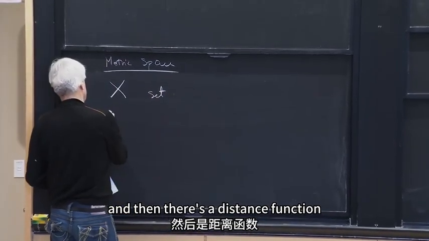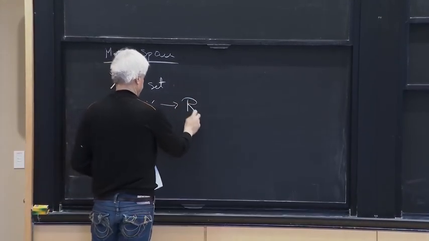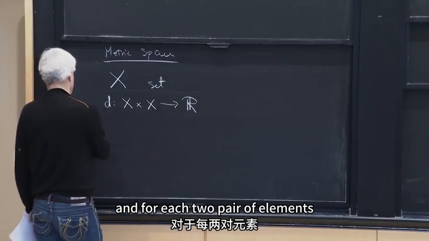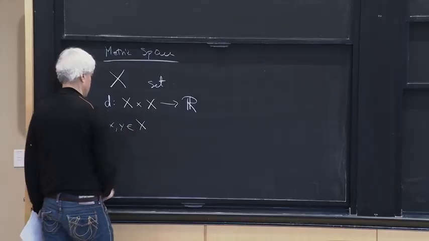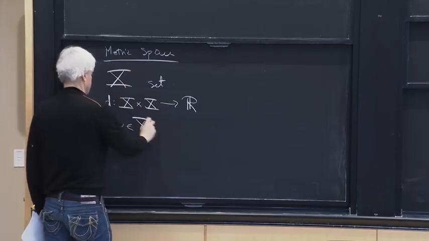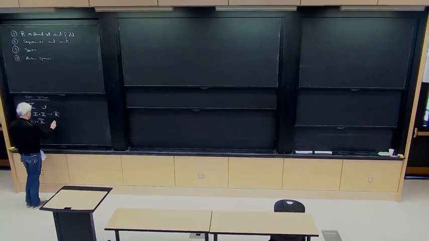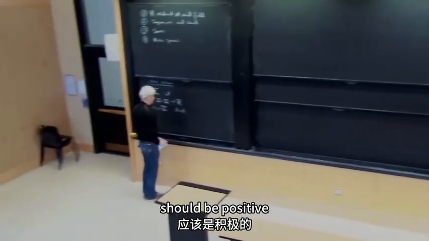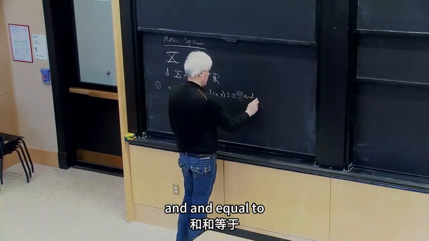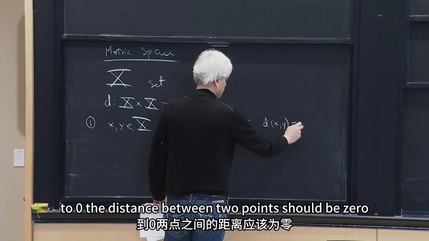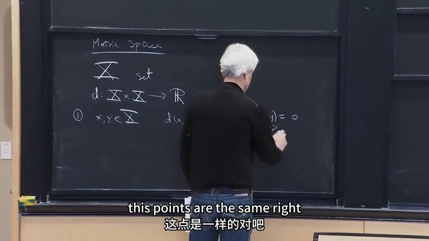And then there is a distance function, a map from X cross X into R. For each pair of elements x and y in X, the first property is that the distance between them should be non-negative, and the distance between two points should be 0 if and only if these points are the same, right?